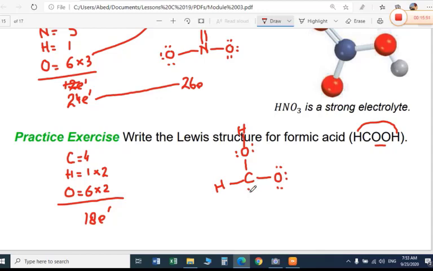Now if you make the total, it will be 20 electrons. So 2 more electrons are here, so we have to remove these 2 electrons and these 2 electrons to give the double bond here. So let's try again. This is the eraser, and I remove these 2 electrons and these 2 electrons.